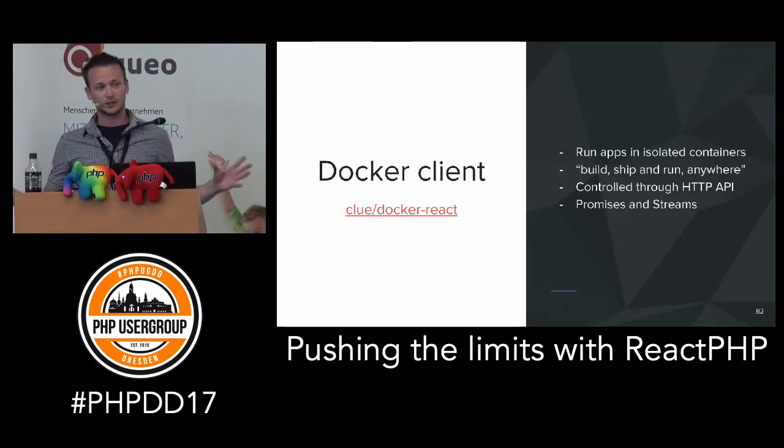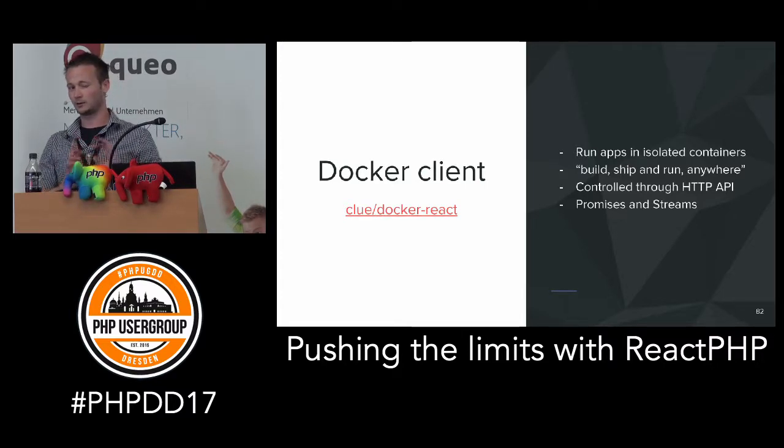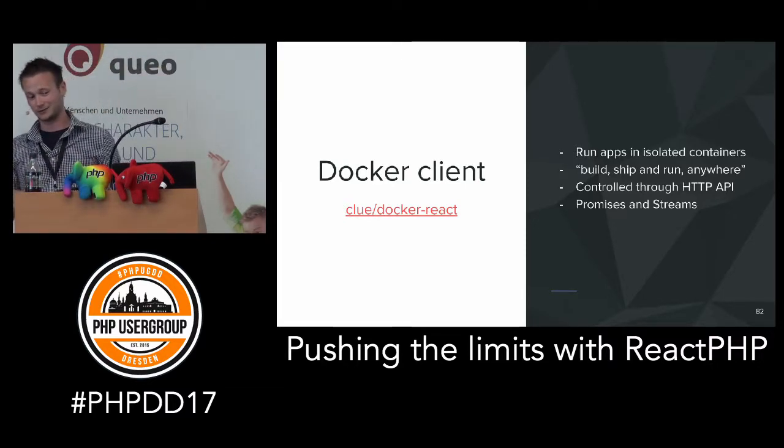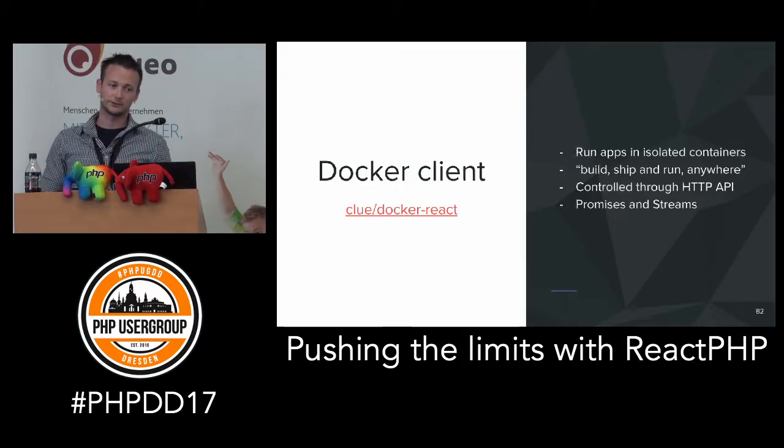The basic idea is you can put applications into isolated containers that look kind of like virtual machines, but are not. The idea is to ship these containers everywhere, so they theoretically run everywhere. And the cool thing about Docker is if you run it on your laptop, you actually run a Docker daemon, which allows you to spawn new Docker containers.